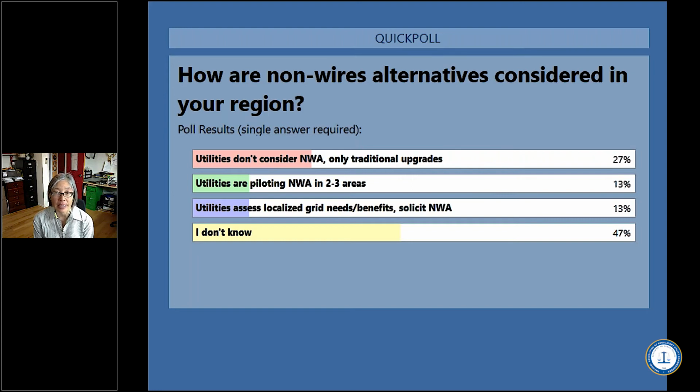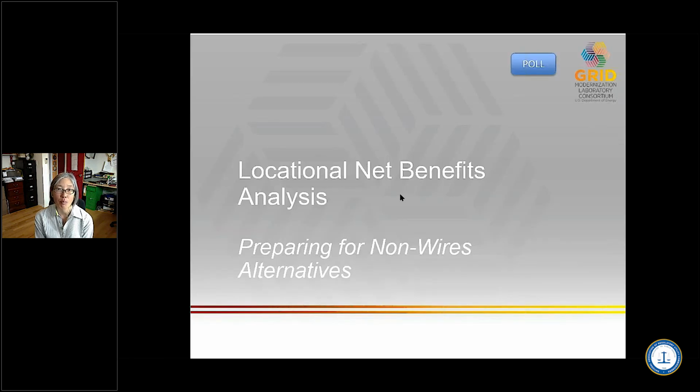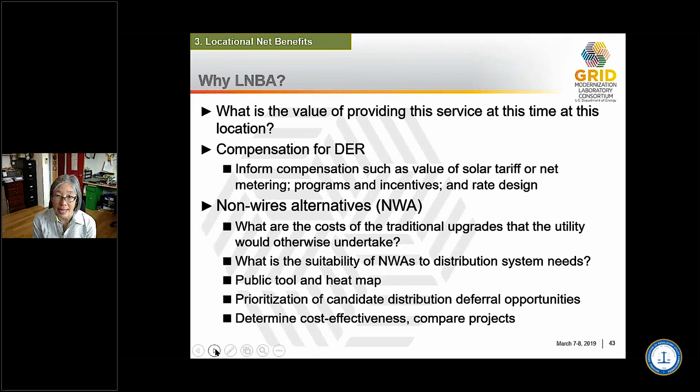Again, the idea here is that DERs can provide a lot of benefits, and let's point them to where they can really help the grid the most, and really save us a lot of money. And that's what we're going to talk about in this next session.